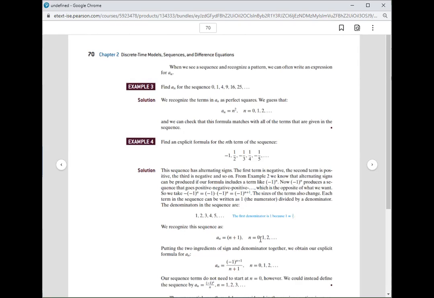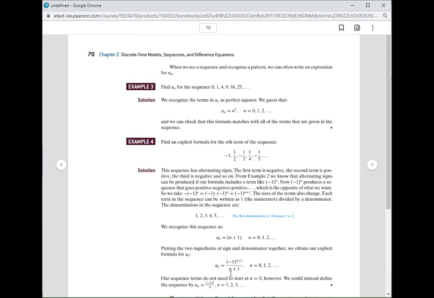Putting these two ingredients, the sign and the denominator, together, we obtain our explicit formula like this. It starts with 0, which means negative 1 to the power of 0 plus 1, which is 1, so negative 1 over 1 is equal to negative 1.